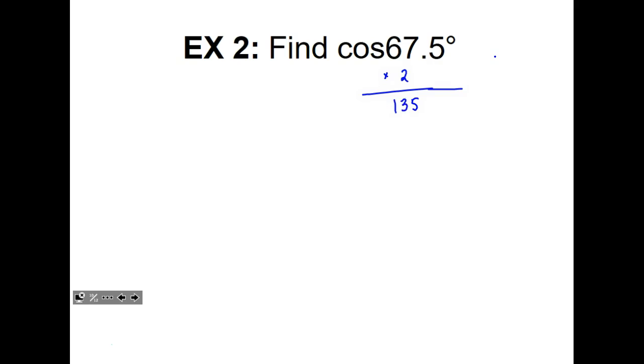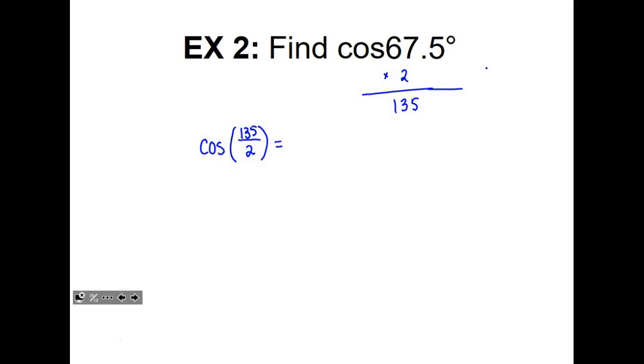So if I double this angle, I get 135. So I can do cosine of 135 divided by 2, because cosine of 135 divided by 2 is the same as cosine of 67.5.